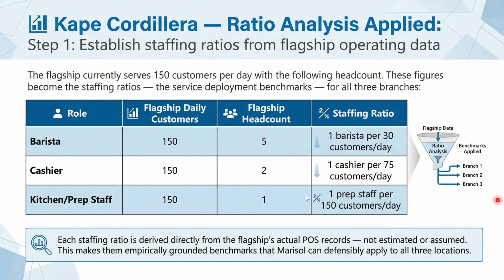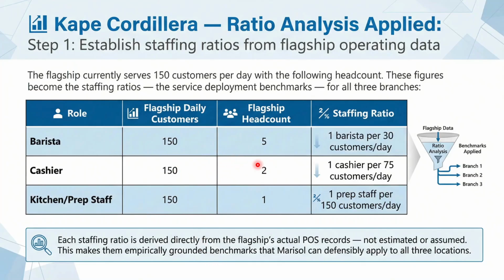So step 1 will be to determine with certainty doon sa kanyang ano ba yung nangyari sa kanyang flagship store doon sa kanyang current operations. So the flagship store currently serves 150 customers per day with the following head count.